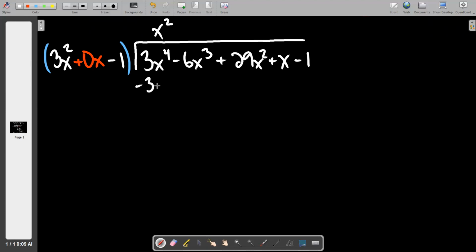Switch it to negative 3x to the 4th. Then as I multiply, let me draw a red arrow for you. Multiplying this by this, we all agree we get 0, but it's x to the 3rd. You see why we had to have that there, because now the negative 6x to the 3rd has a date to the prom. It needs someone to add or subtract it, and we gave it that.